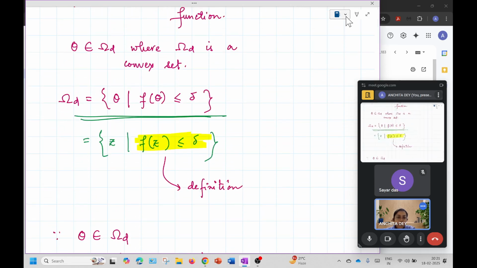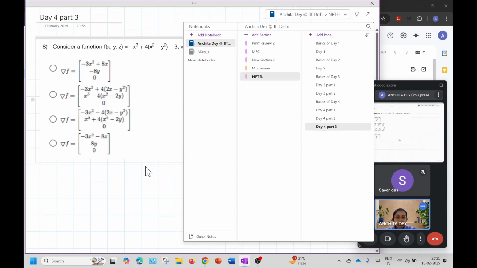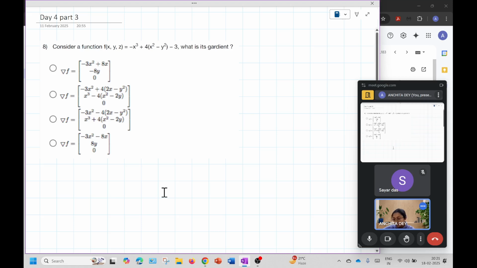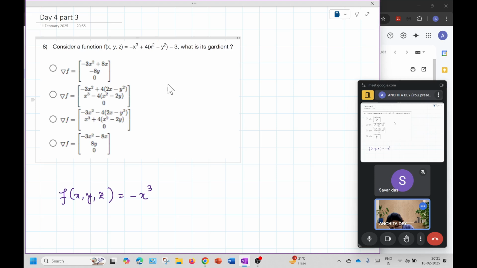Let's just move on to the next part. Given the explanation of the basics, I think this would be quite easy to follow. We are given a function of x, y, and z, say f of x, y, z equal to minus x cube plus 4x squared minus y squared minus 3.